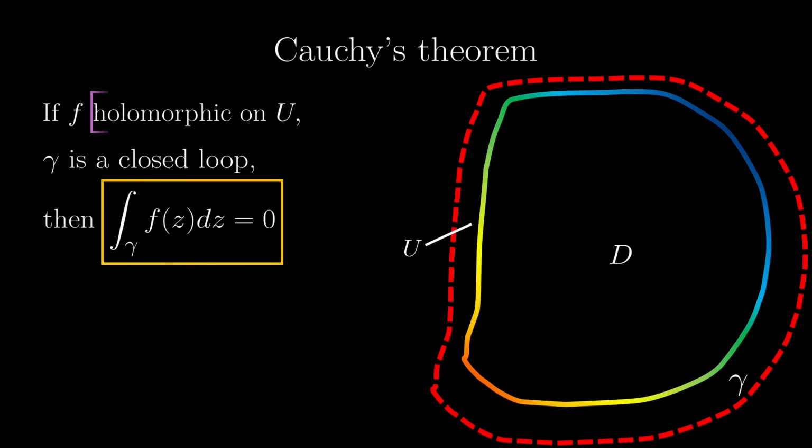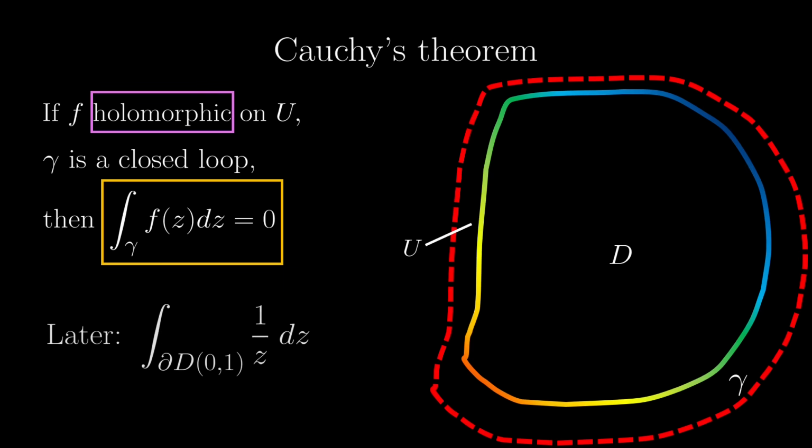But first, f needs to be holomorphic throughout the set U, so if f is not holomorphic, even just at a point, this theorem fails. In fact, we are going to compute the integral of 1 over z later, and 1 over z is not holomorphic at 0, at least on the traditional complex plane.